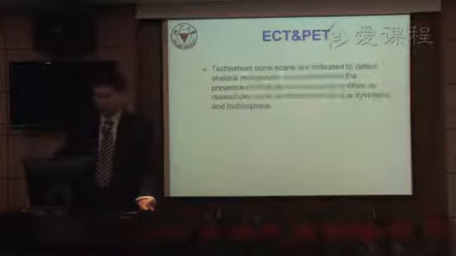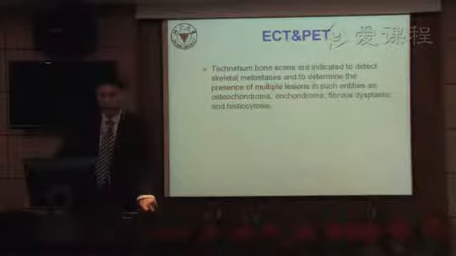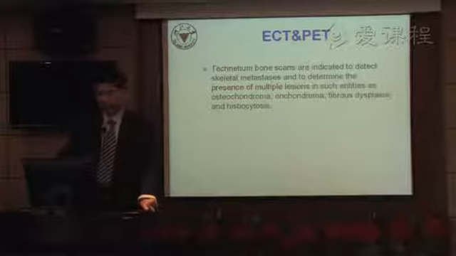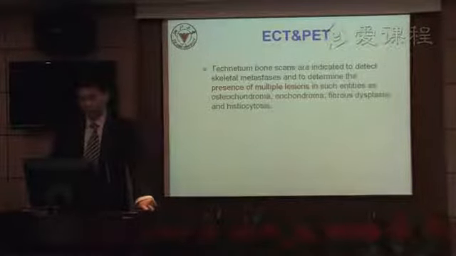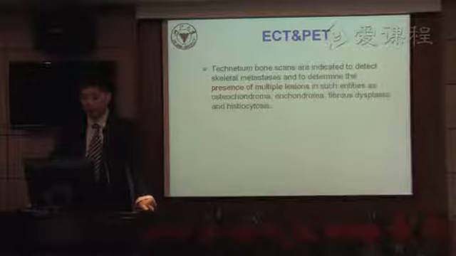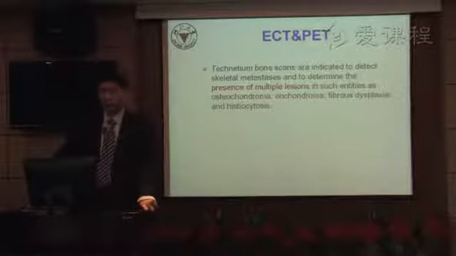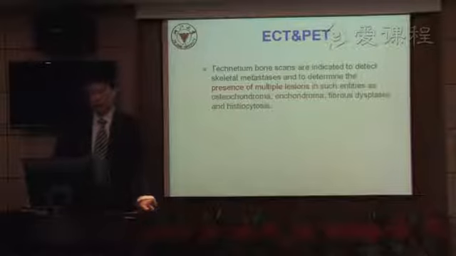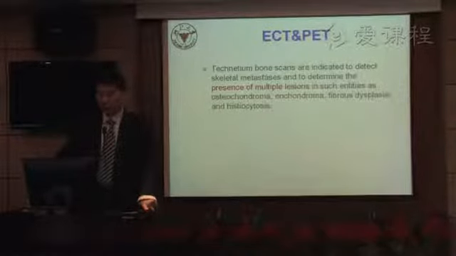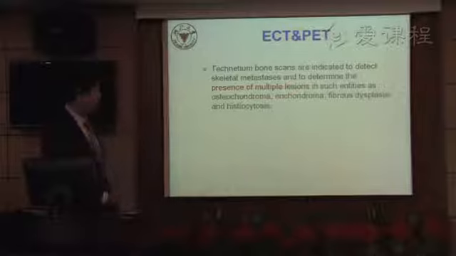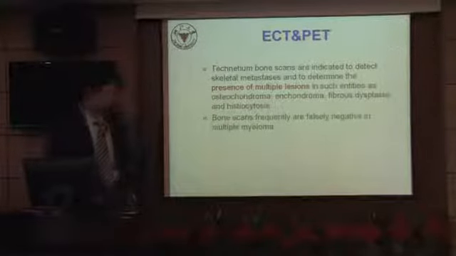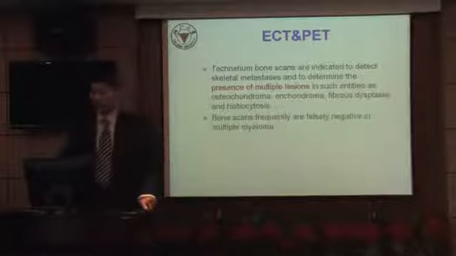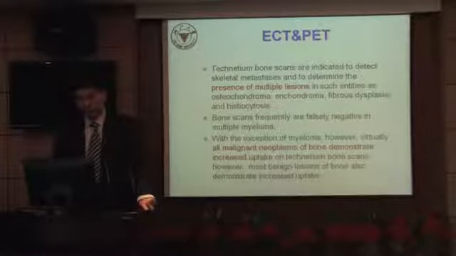And we can also do ECT and PET-CT, and this kind of bone scan can be used to detect skeletal metastasis and to determine the presence of lesions in such entities as osteochondroma, enchondroma, fibrous dysplasia, and histiocytosis. The bone scan is frequently falsely negative in multiple myeloma, which should be cautioned.